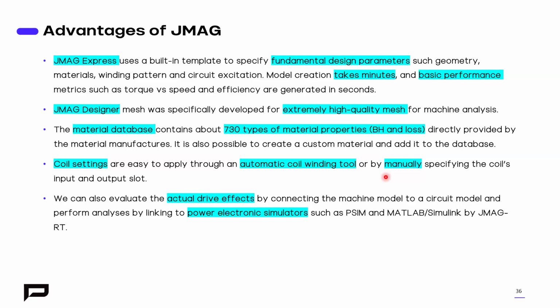And we have JMAG Designer, which is a finite element analysis tool developed for extremely high quality mesh for machine analysis. And as I mentioned, we have a material database, which contains about 730 types of material properties, along with BH curves and loss curves, which are directly provided by the material manufacturers.